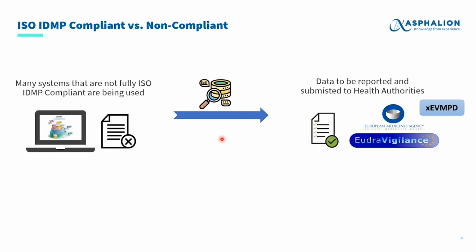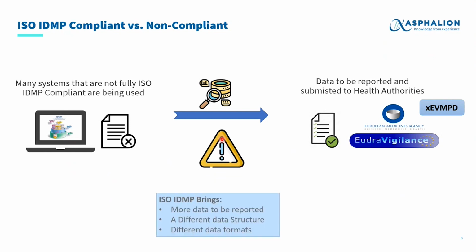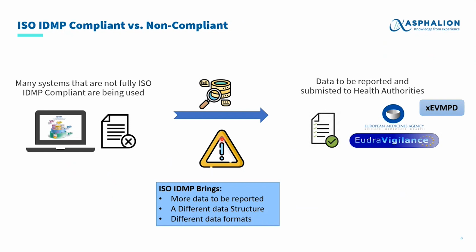But we have to keep in mind that this is dangerous because ISO IDMP is coming, and with ISO IDMP comes more data to be reported, a different data structure, and different data formats. All of this should be supported by the system that you are using. And if we are only working with XEVMPD data, maybe we have a problem here.